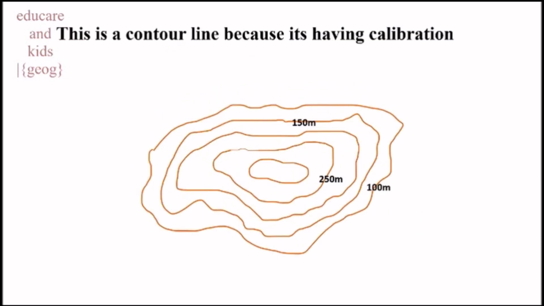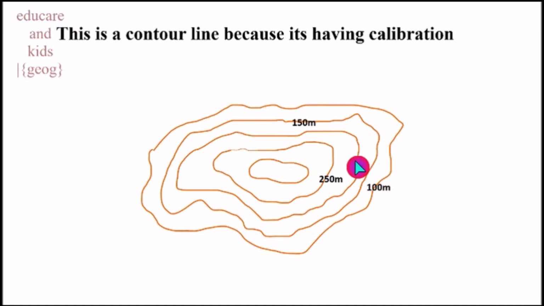Now, this is a contour line. Yes, it is a contour line because it has calibration, it is numbered. As you can see, this is the first contour. The first contour is what? 100 meters. Now the second contour is 150 meters.